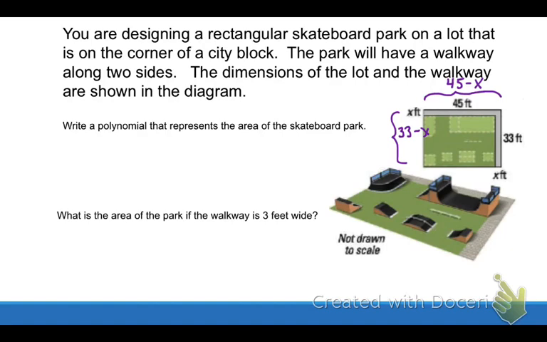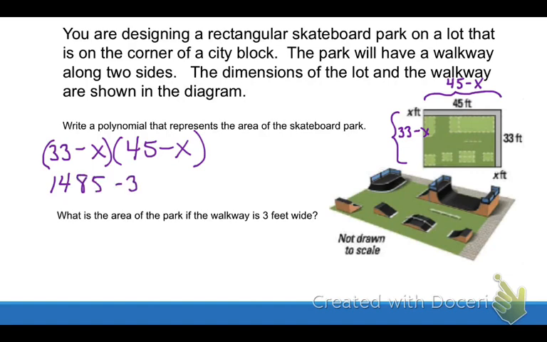Once I do that part, the area is simple. I'm going to multiply 33 minus x times 45 minus x. Again, binomial times a binomial means that I need to multiply first, outer, inner, last. So 33 times 45 is 1,485.